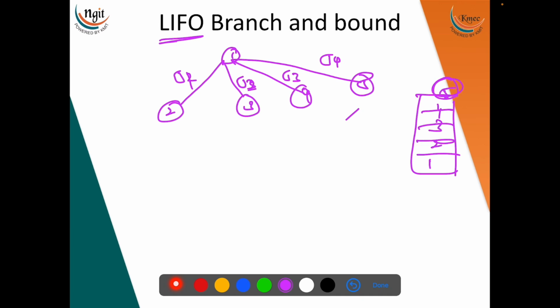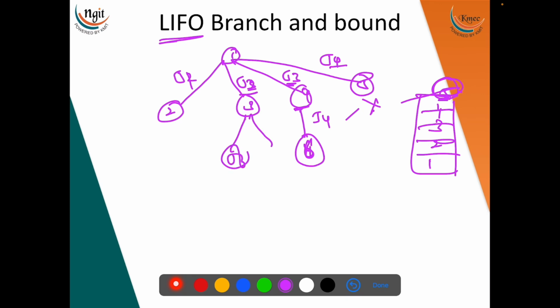The last node is 5, and it is also the first to come out. Now you have to explore this node, but you don't have any chance, right? It is already J4. You can't do anything. Now pop from the stack. Now it is 4, and it is J3. Still you have a chance of placing the item, which is the 6th node, but it is J4. Now it is J2.